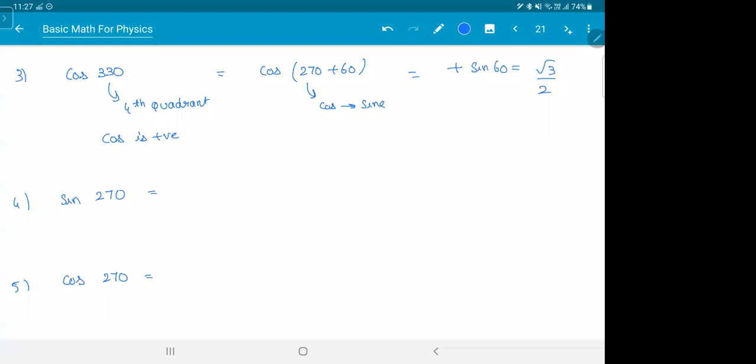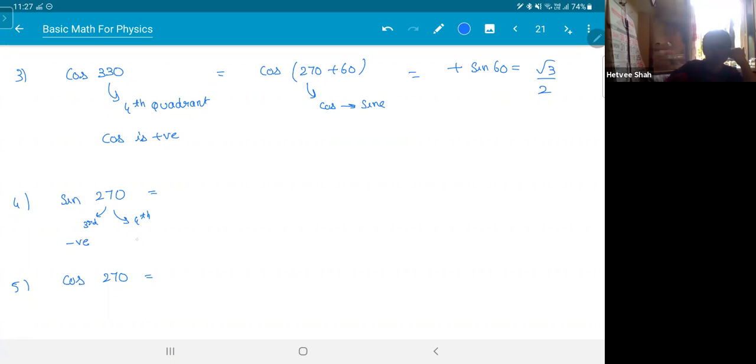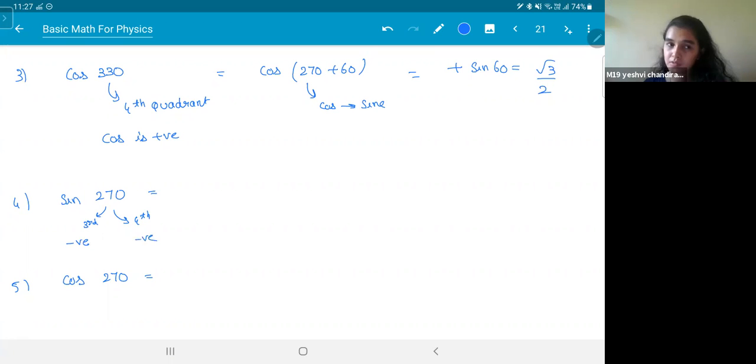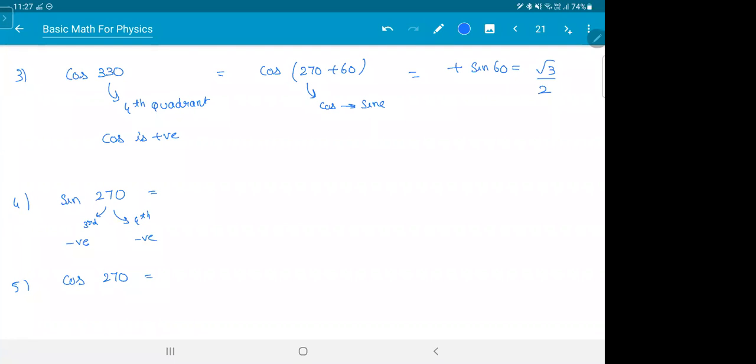Now there is a confusion. Sir, should I take the third quadrant or fourth quadrant? Suppose this is third quadrant or fourth quadrant, what is the sign in both of them? In the third quadrant, what is the sign? Negative. Fourth quadrant? Negative. So there is no problem. It doesn't matter. Both are okay.